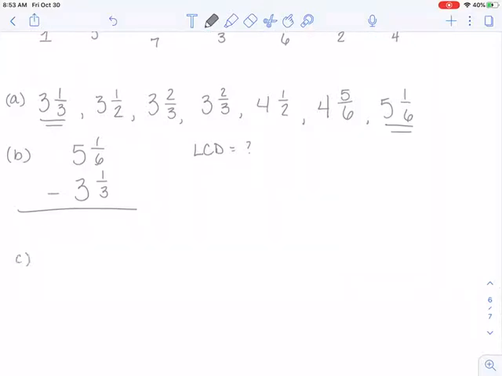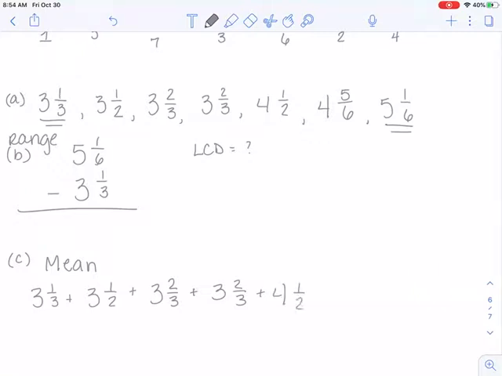Looking at letter C, they ask for the mean. The mean is going to be a little tricky. B here was the range. Okay, so the mean, we have to add them all up. So I have 3 and 1/3 plus 3 and 1/2 plus 3 and 2/3 plus 3 and 2/3 plus 4 and 1/2 plus 4 and 5/6 plus 5 and 1/6.